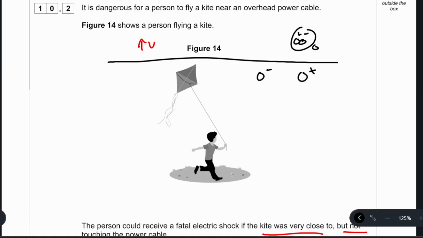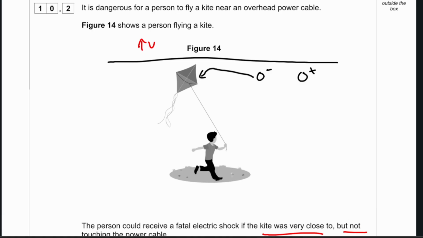And that means that we've got ions, and you might know from chemistry that ions are actually quite good conductors of charge. So ions are able to transfer the charge from the electric field into the kite, through the string, and end up electrocuting the kid.